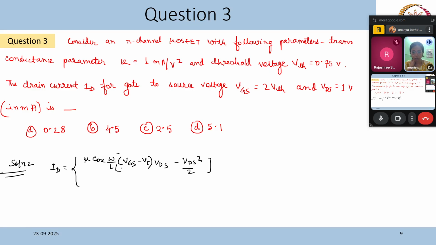This is for the linear regime. We can neglect this term also if our VDS is very small. And in saturation we have this expression, W by L, 2L, VGS minus VT.